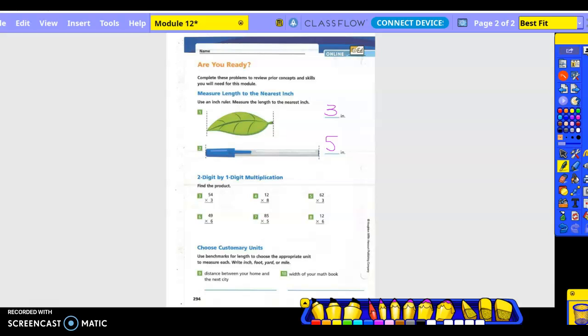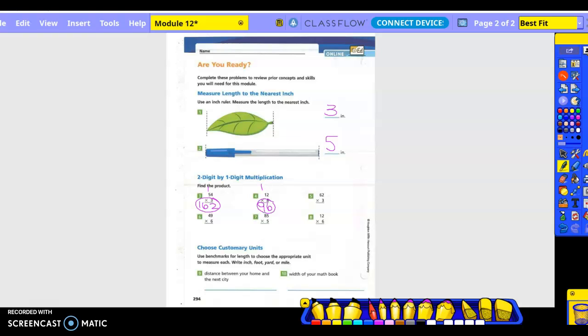2-digit by 1-digit multiplication. Find the product. So set your rulers down for a second. We're not messing with them. So 3 times 4 is 12. Carry the 1. 3 times 5 is 15, plus 1 is 16, so 162. 8 times 2 is 16. Carry the 1. 8 times 1 is 8, plus 1 is 9.